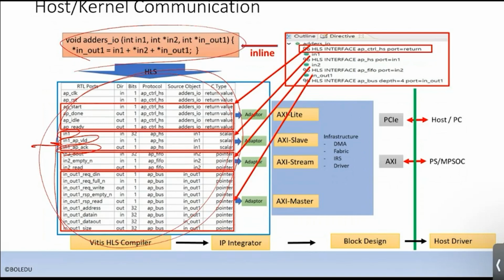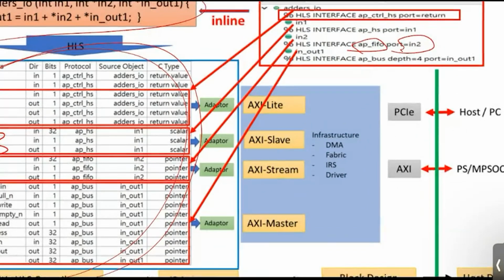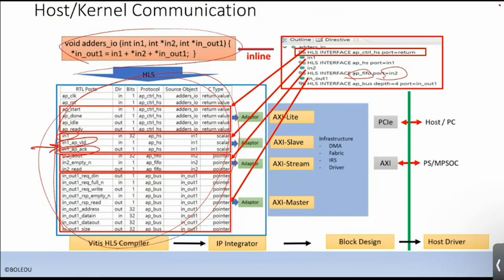And in2, you specify as an AP FIFO, so the AP FIFO maps to this interface. From this kernel function interface, how does it communicate with the host? For that, the boundary will be the AXI interface here.